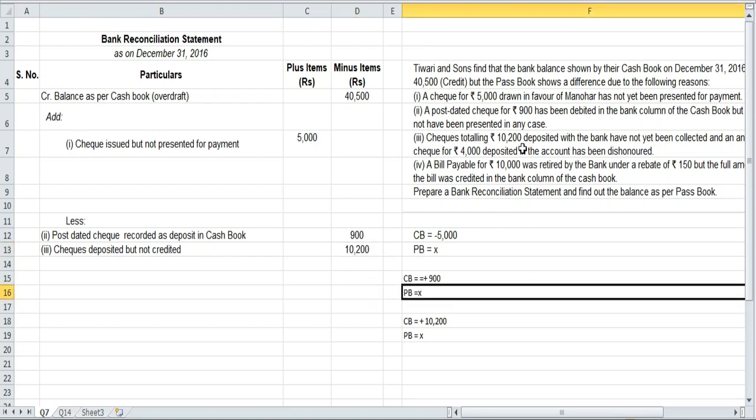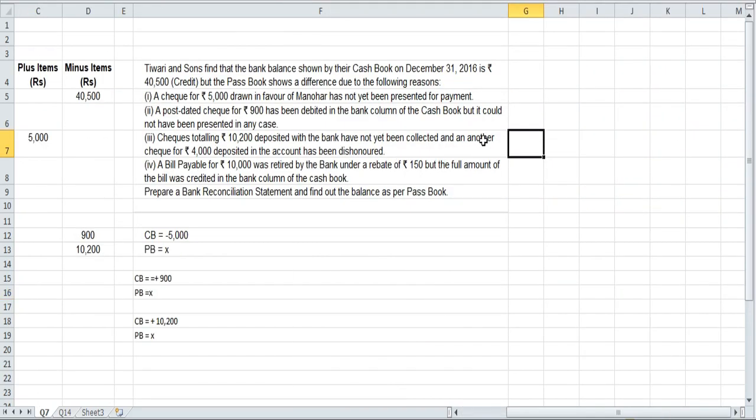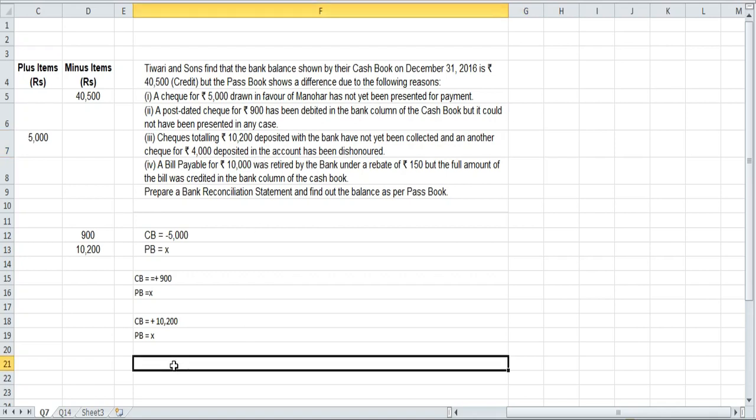Next, in the same question 3, another check for 4,000 deposited in account has been dishonored. So there is another check. You have deposited 4,000 in your cash book.